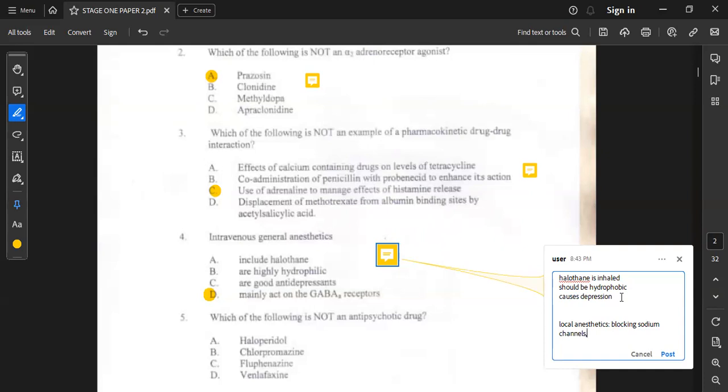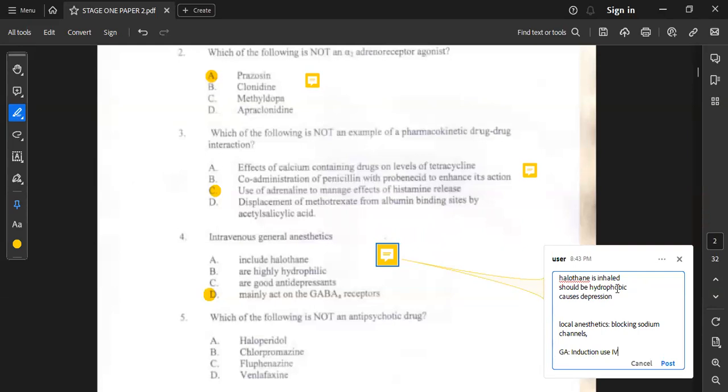But for the GA, they are divided into two. We have those for induction and for maintenance. Induction is usually with the IVs like thiopental and etomidate and things like propofol and ketamine.